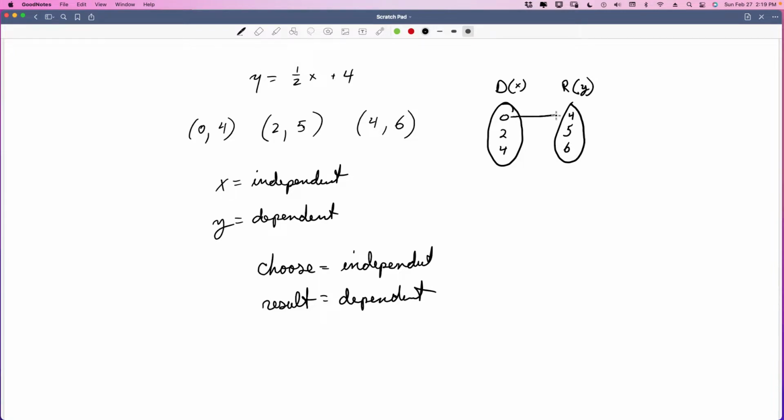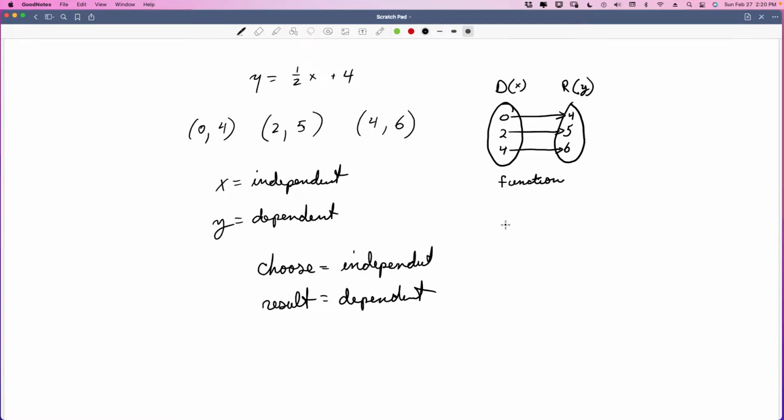And for each one of these, they have one value here. 0 doesn't go with anything but 4, 2 only goes with 5, and 4 only goes with 6. And when we have that relationship with the numbers, where each x value has one and only one y value, then we have what's called a function.